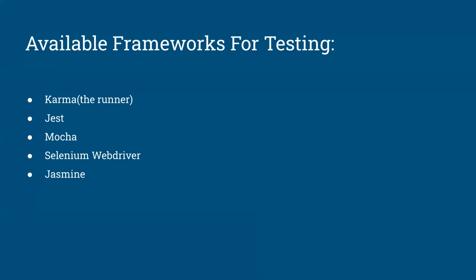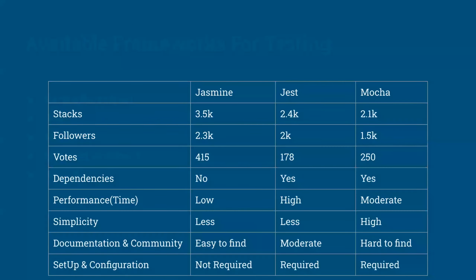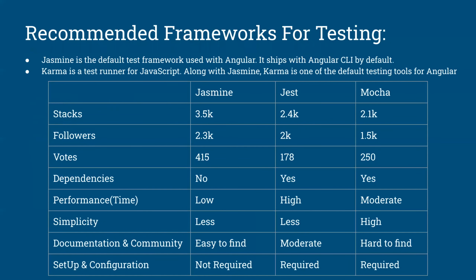Now we will compare them on the next slide to see which is the recommended framework for Angular unit testing. As we can see, Jasmine is the default test framework used with Angular. It ships with the Angular CLI by default. Karma is a test runner for JavaScript along with Jasmine. Karma is one of the default testing tools for Angular.